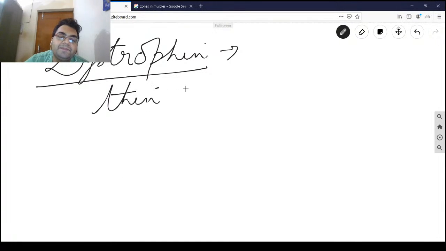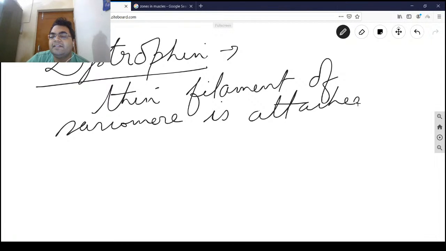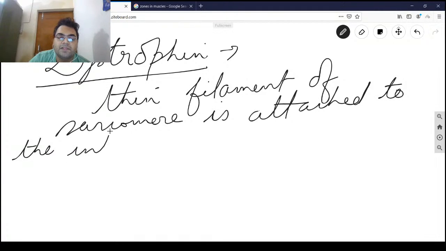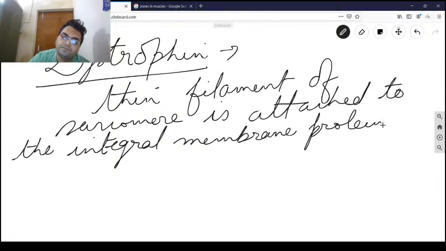The thin filament of sarcomere is attached to the integral membrane protein present in the sarcolemma.